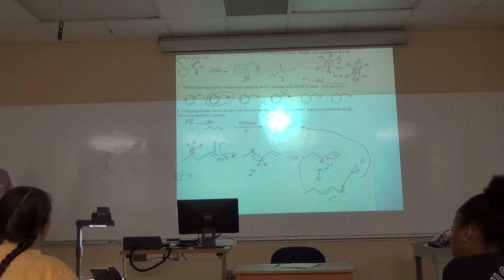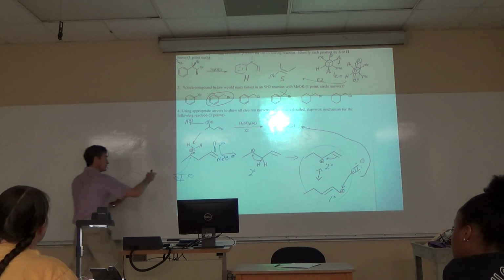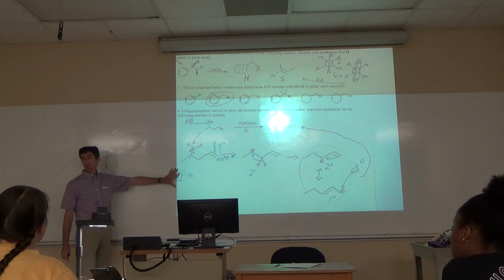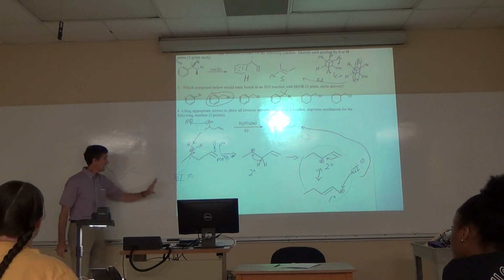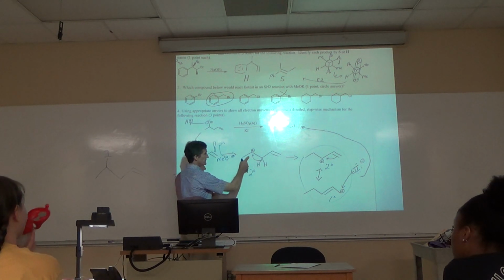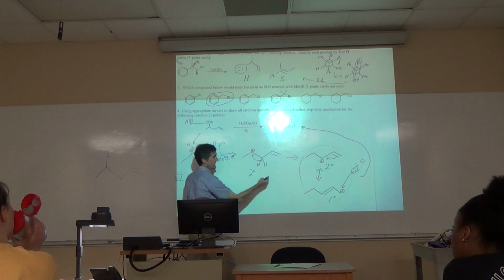You could have said, hey, I propose this by an Sn2. Protonate and then do an Sn2 and kick off the leaving group. Because iodide, as we mentioned, is a decent nucleophile. You can predict a hydride shift and have an iodide add here.